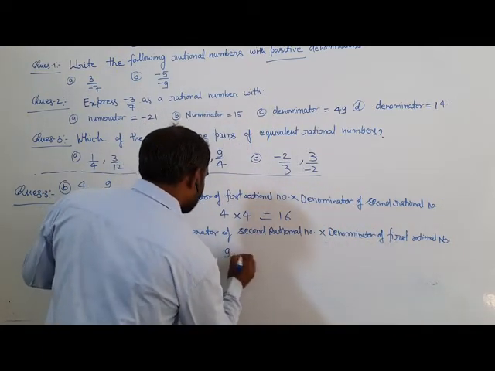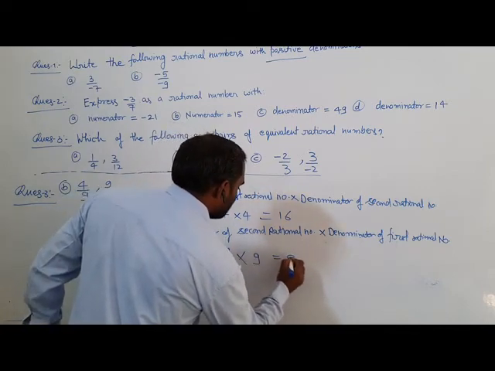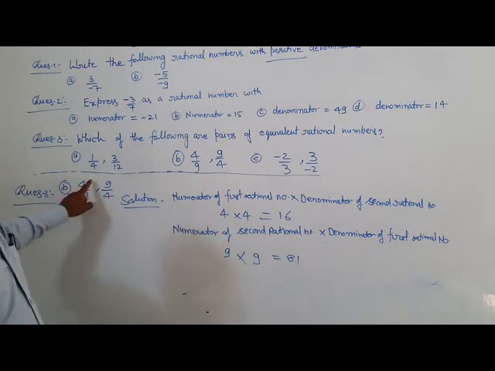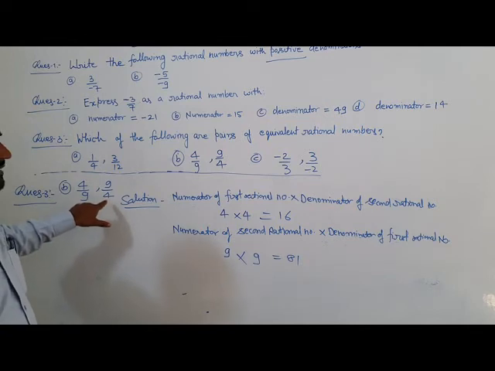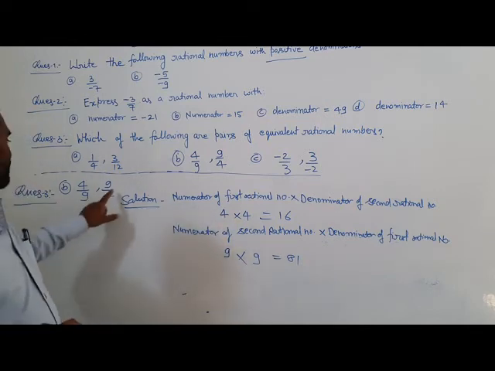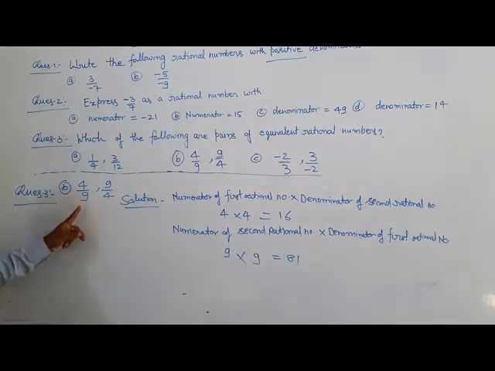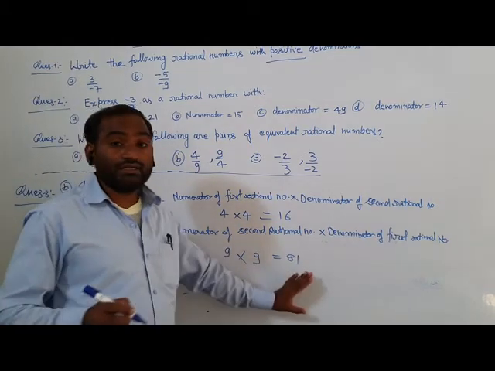Numerator 9 into 9 is equal to 81. Here we see that the product for the first is 16, but the product for the second is 81. Both are not equal.